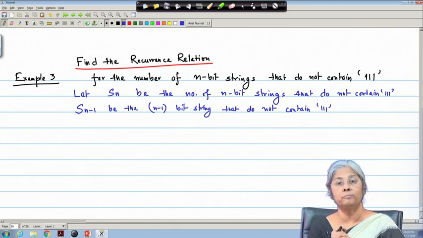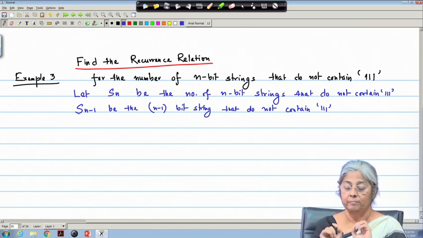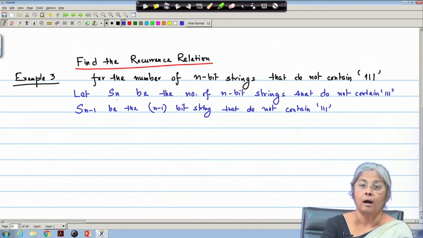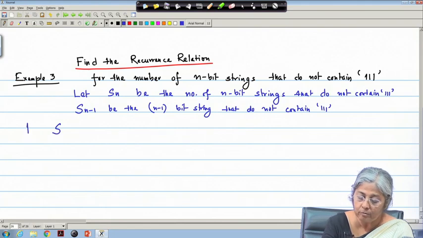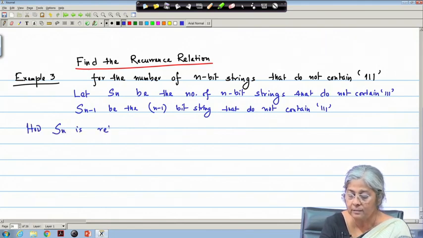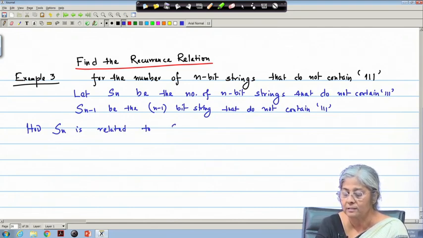Recurrence relations we have defined as how a particular term is related to its predecessors. That means, here how Sn is related to its predecessors, Sn minus 1, Sn minus 2 and so on.